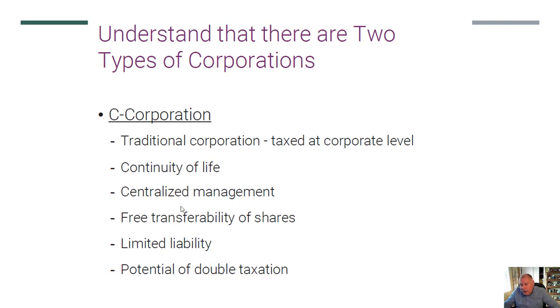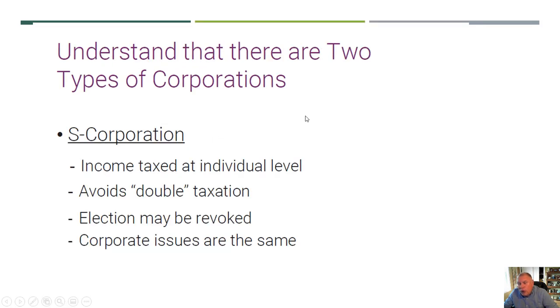But there's all these benefits that come into place here too. For smaller corporations, we have what's called S corporations, subchapter S. In these, the income is taxed at the individual level, and it avoids double taxation. You can elect it. The corporate issues are the same. There's no difference from a liability or share transfer standpoint.